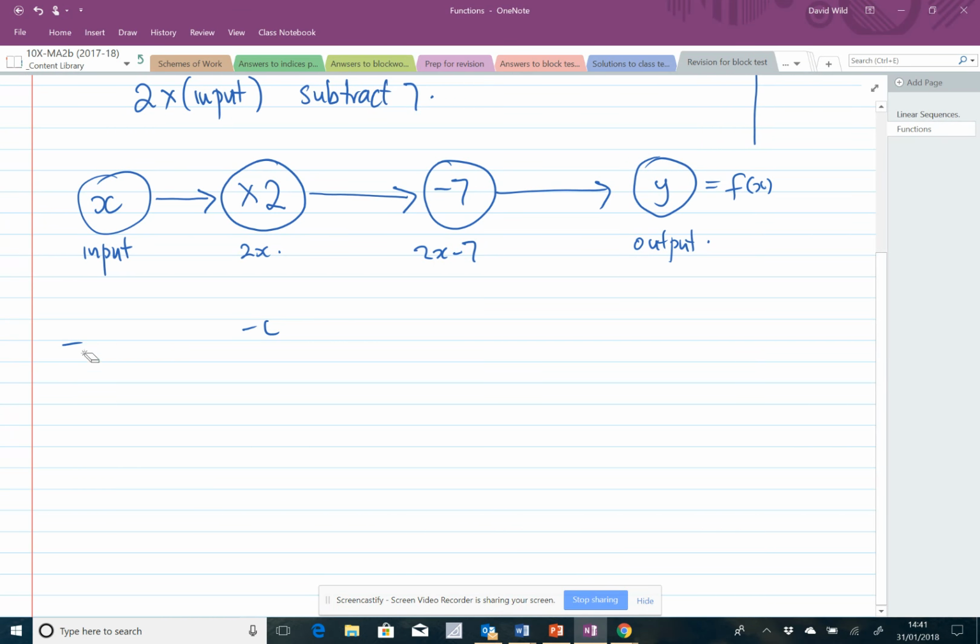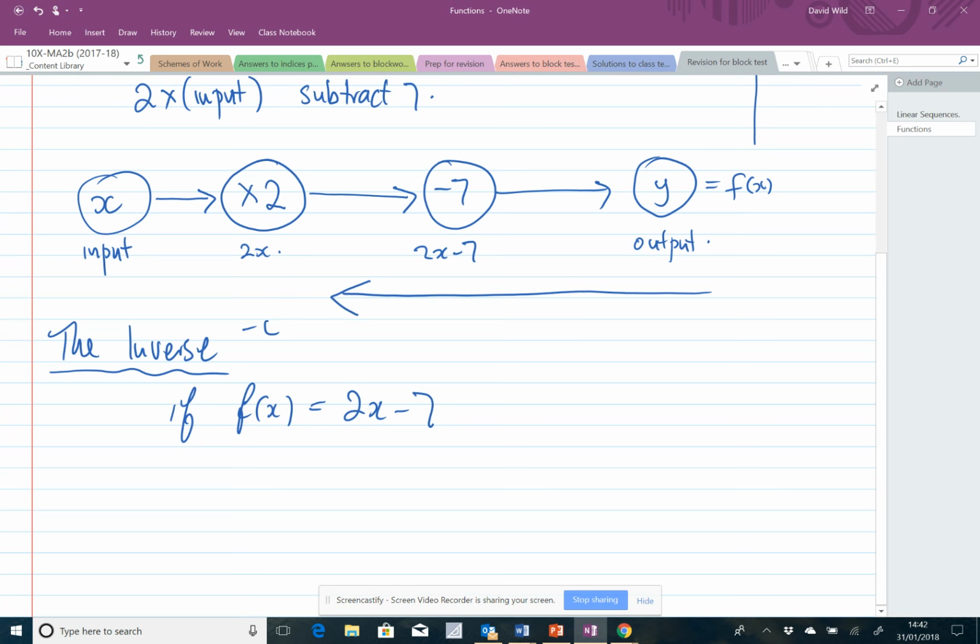Let's just remove that now. So the inverse. If f of x is 2x minus 7, then the inverse is basically going through this diagram backwards. So what do we do first? Instead of subtract 7, we do the inverse of subtract 7, or the opposite of that, which is add 7.